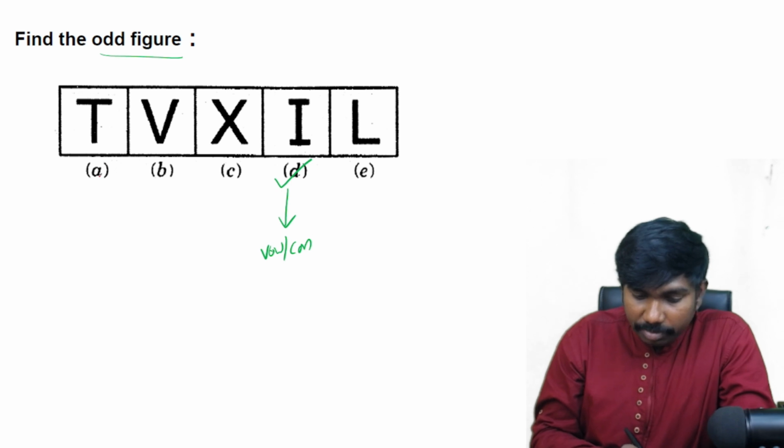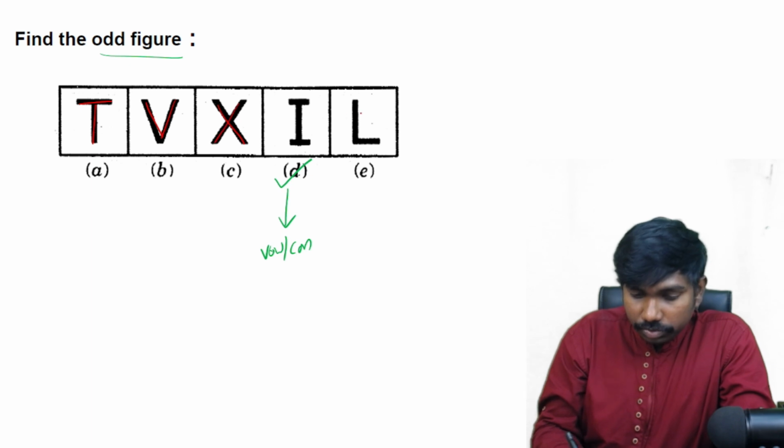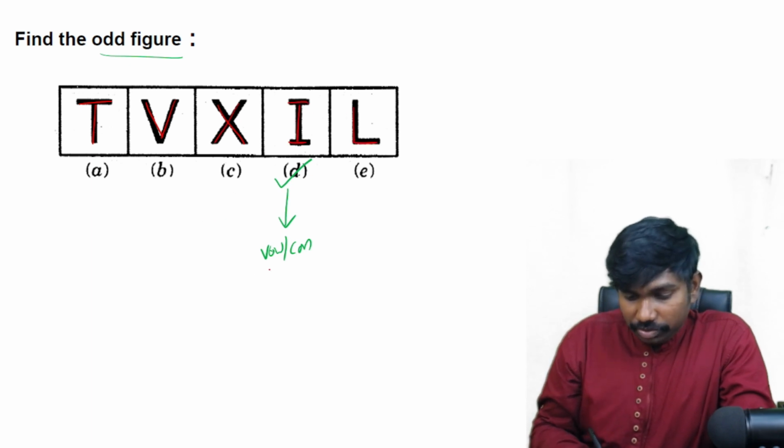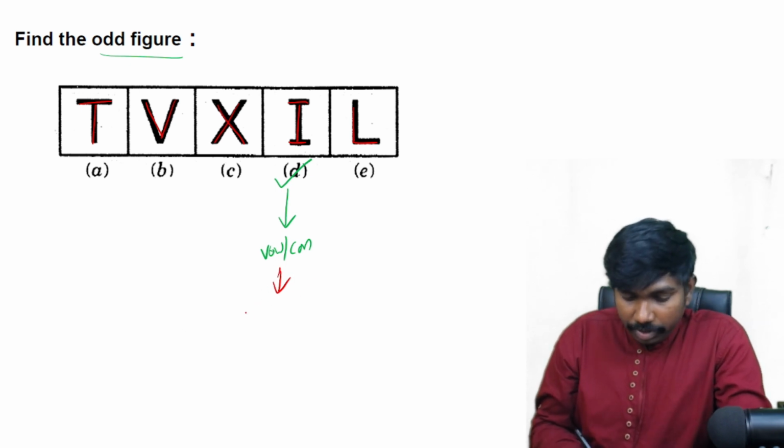If you see the number of lines the figure is formed from, it is 1, 2, 1, 2, 1, 2, 1, 2, and here 1, 2, 3. So we got the same answer, luckily not a different one.